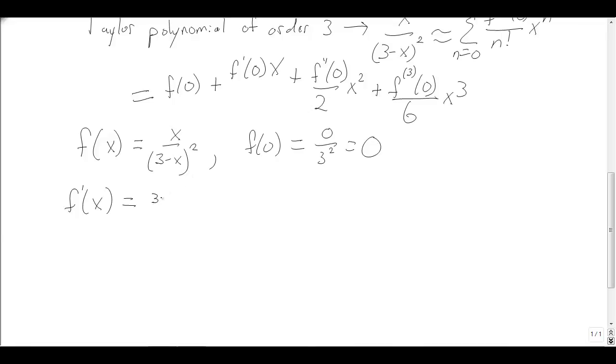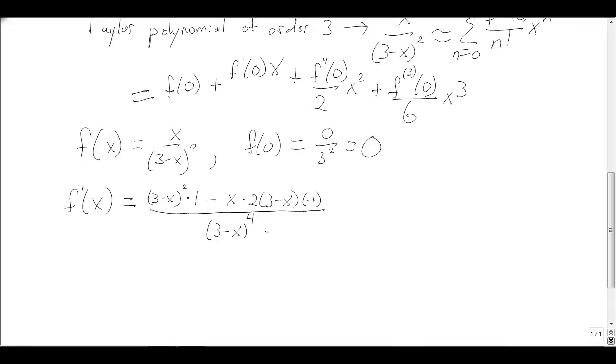So that's bottom (3 minus x) squared times the derivative of the top, which is 1, minus the top, which is x, times the derivative of the bottom, which is 2 times (3 minus x) times the derivative of the inside of that, 3 minus x, which is really a negative 1. So bottom times derivative of top minus top times derivative of the bottom, over the bottom squared. So (3 minus x) squared, when I square that, is going to double the exponent to 4.